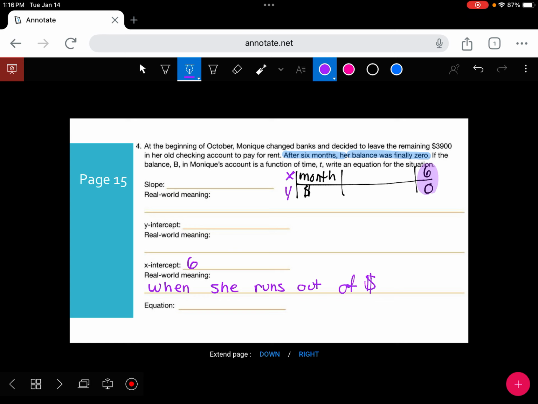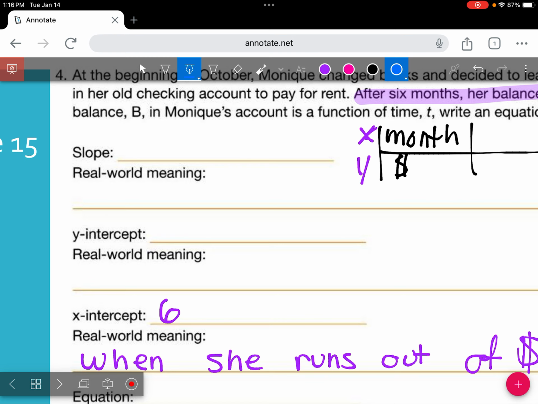What other information do we have in here? I'm just going to switch the blue to purple so we match. We have the starting amount. She's starting at $3,900. So what part is that? Our y-intercept.